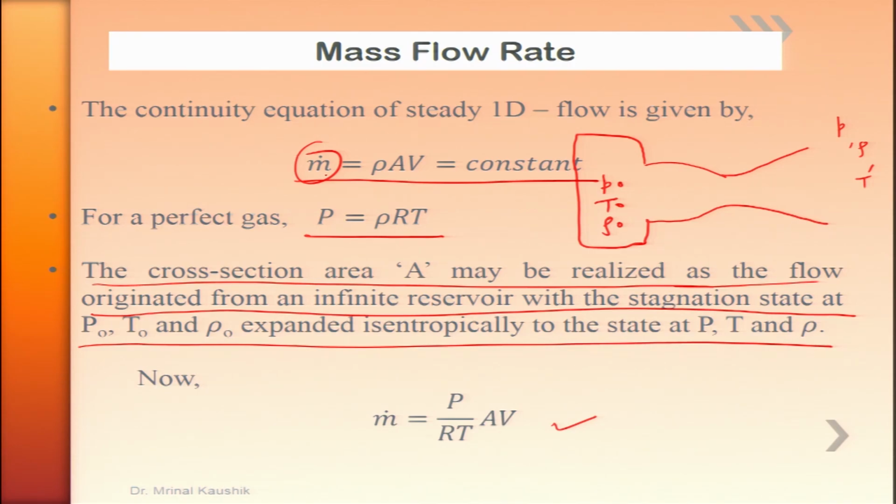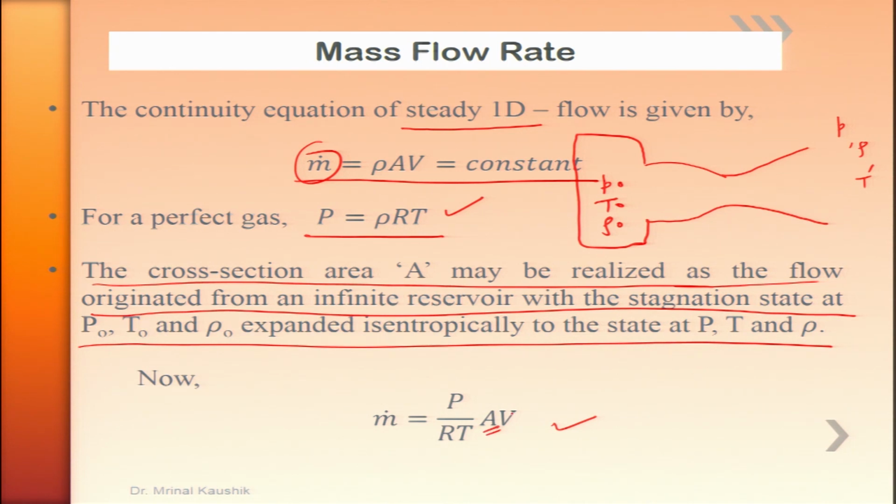Therefore, let us investigate m dot equal to rho A V for a steady one-dimensional flow. If you replace rho using the equation of state for a perfect gas, P by RT, times area times velocity.